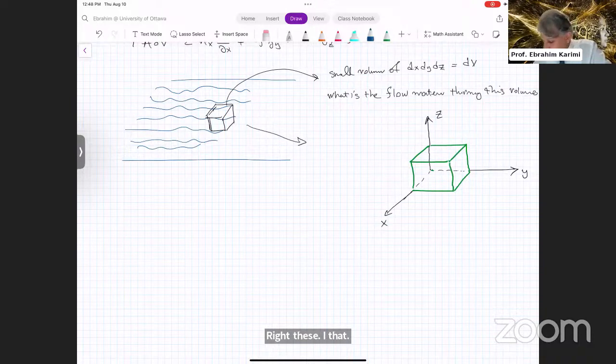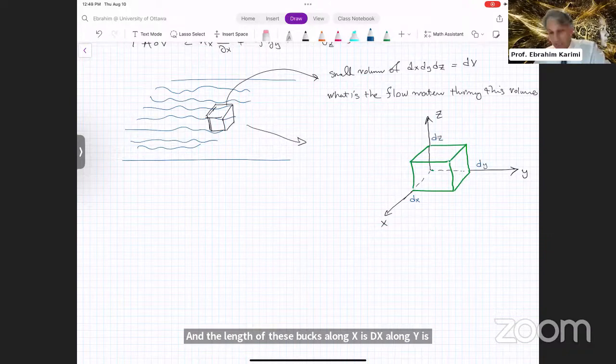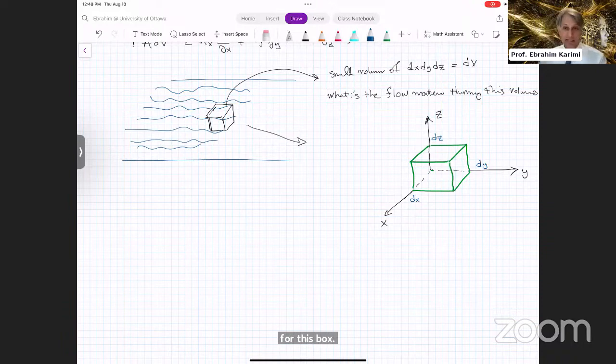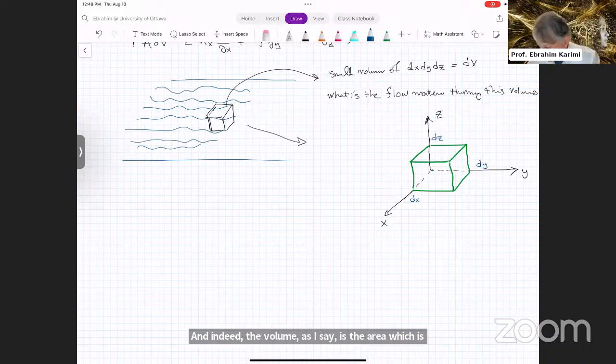The length of this box along x is dx, along y is dy, along z is dz. So that's the size of this box. And indeed, the volume is the area dx dy multiplied by dz.